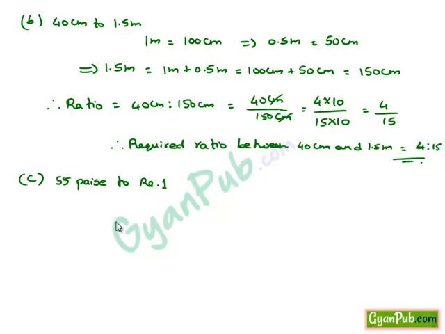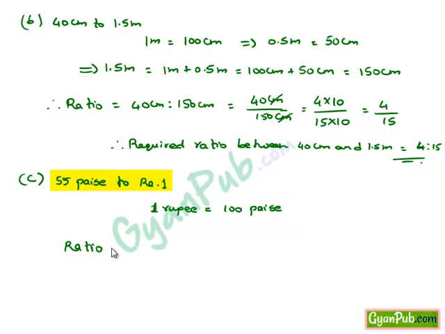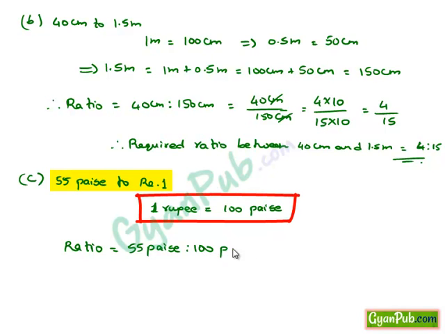Similarly, take down the C bit, that is ratio between 55 paise to ₹1. We know that 1 rupee is equal to 100 paise. Therefore, ratio is equal to 55 paise is to 100 paise, which can be written as 55 upon 100.